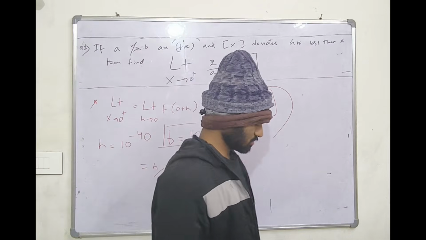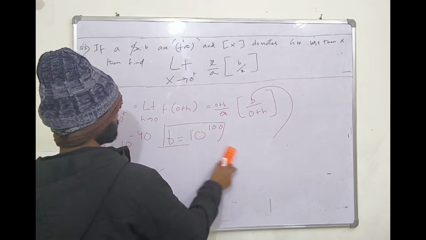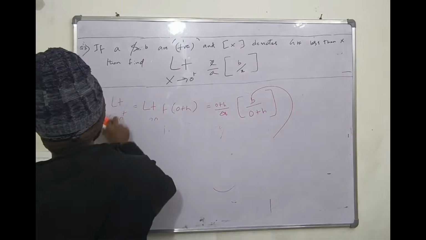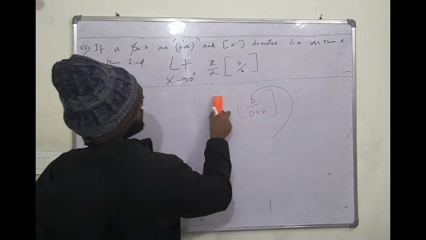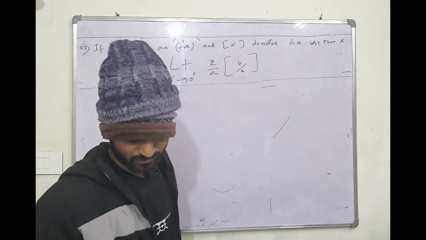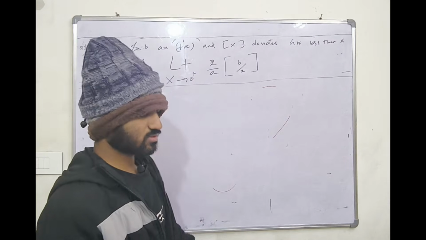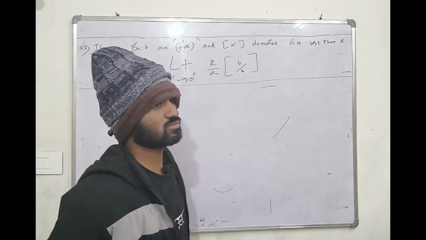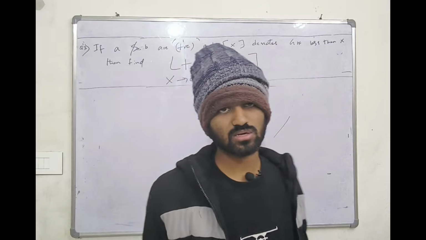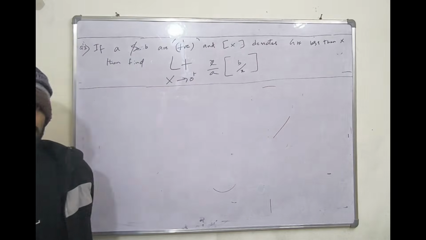You can see 10 power 100 by a and 1 by a have too much difference. Even if you take a equals 1, there is a lot of difference. So the value is not converging to a particular value. So don't make this mistake.